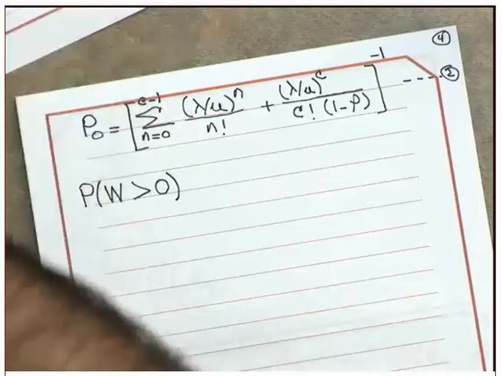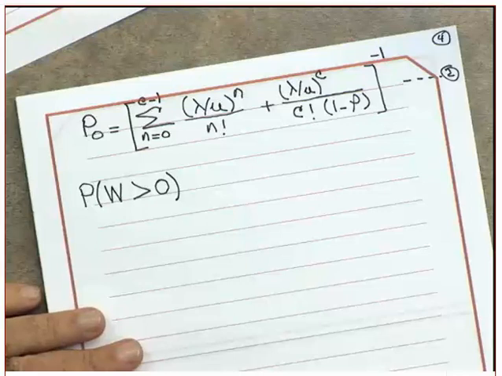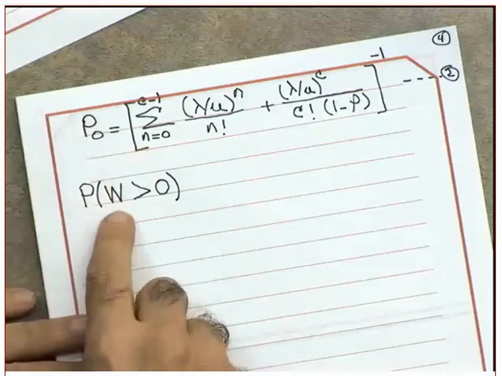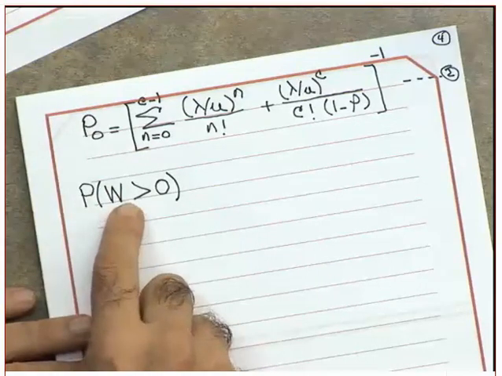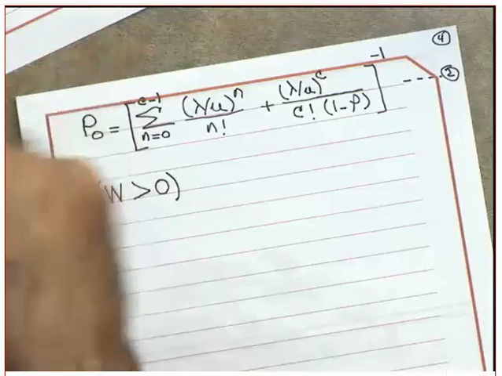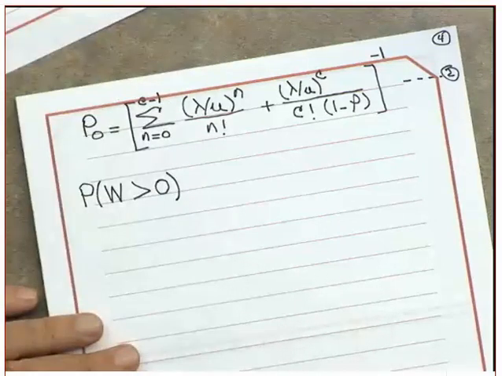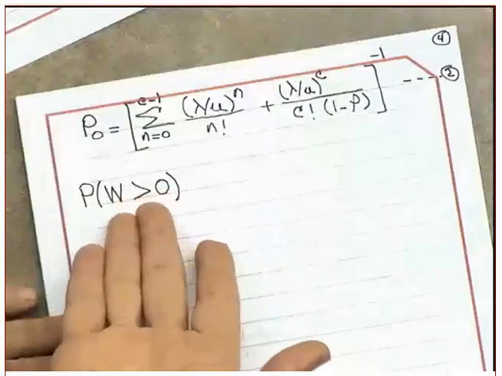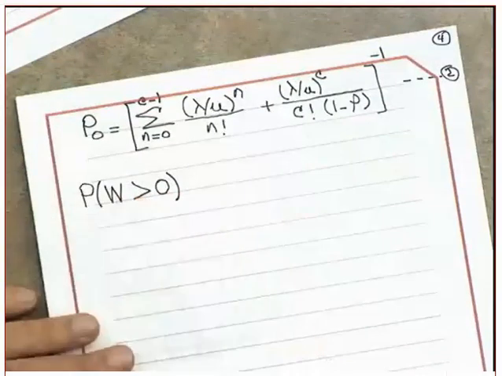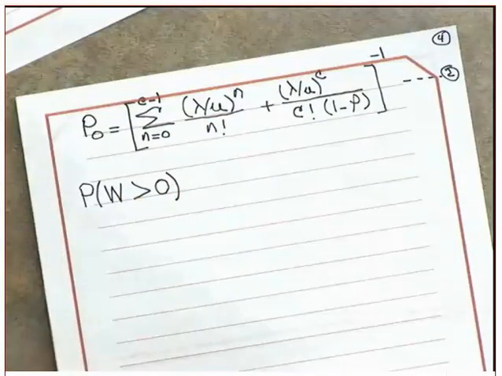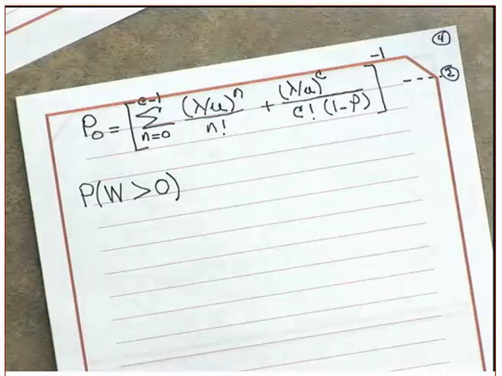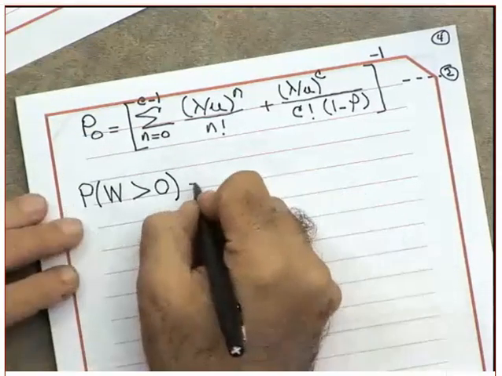Is it possible that you don't wait? By the way, what I'm calculating right now is the probability that you have to wait. What is the probability that you will not wait? 1 minus this. Why? You either wait or you don't wait. Clear?